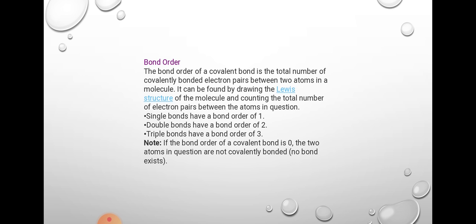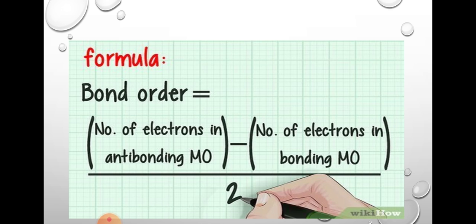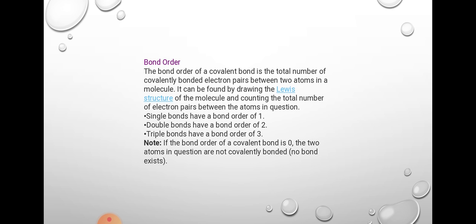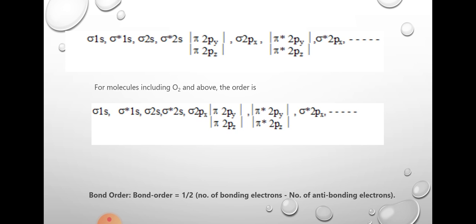It will be very easy to calculate. We just count the number of electrons in the bonding molecular orbitals, deduct the number in the anti-bonding molecular orbitals from it, divide by 2, and we get the bond order.